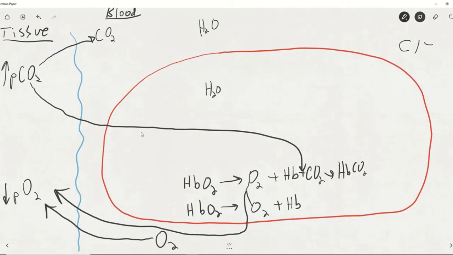So CO2 binds to the hemoglobin that had an oxygen attached to it, and that is what knocks the oxygen off so that oxygen can diffuse out. So even though we drew the oxygen falling off of the hemoglobin first, that isn't what happened. The CO2 bound to the hemoglobin, which knocked the oxygen off so that oxygen was free to diffuse out. And then we're left with carbaminohemoglobin.